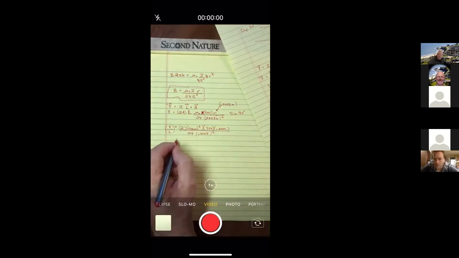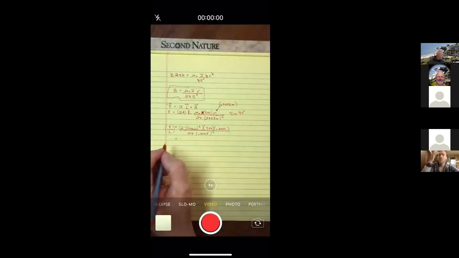And so that would be the force per unit length.